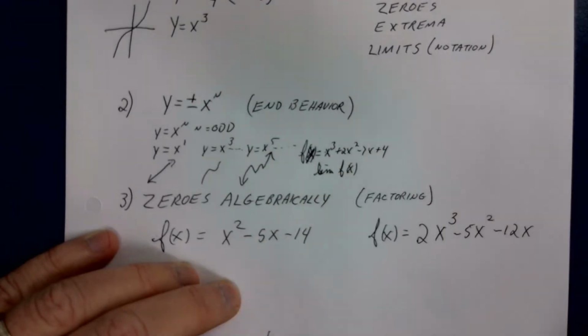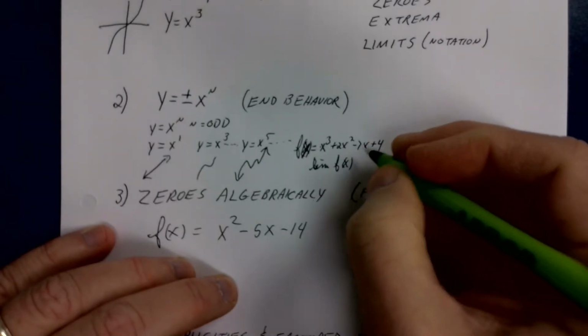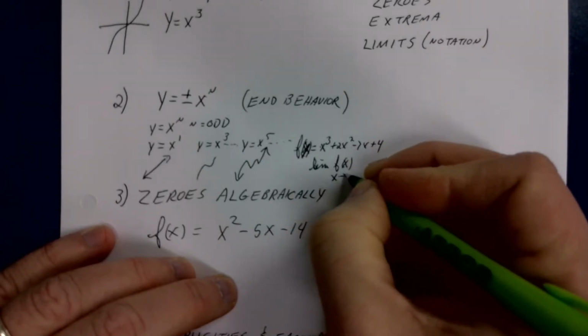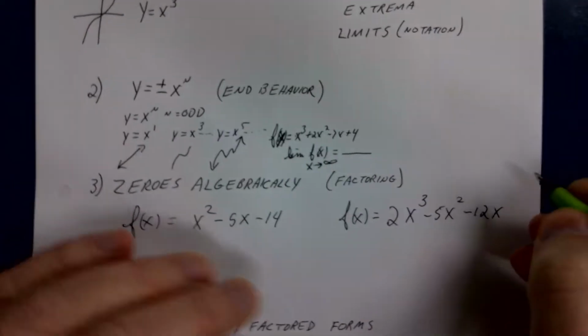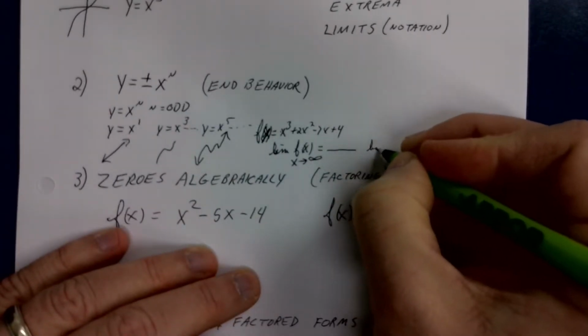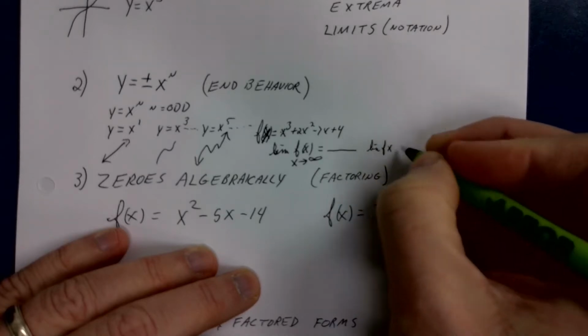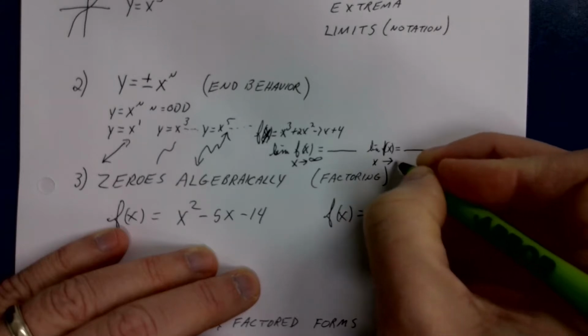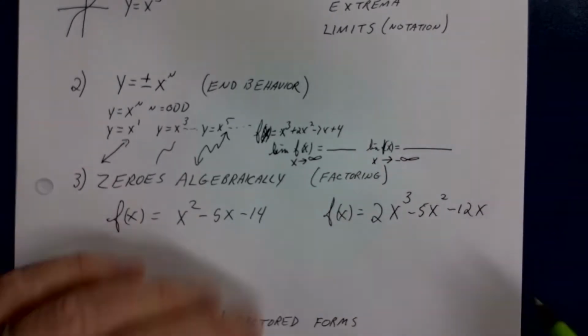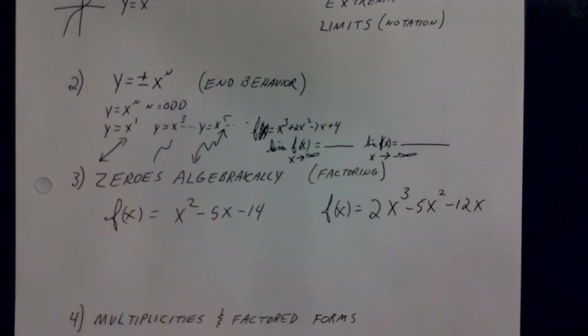We'll call it f of x equals that. What's the limit of f of x as x approaches infinity? What does it equal? And then we'd also ask, what's the limit of f of x as x approaches negative infinity? And that's what we're talking about, notations for these limits.